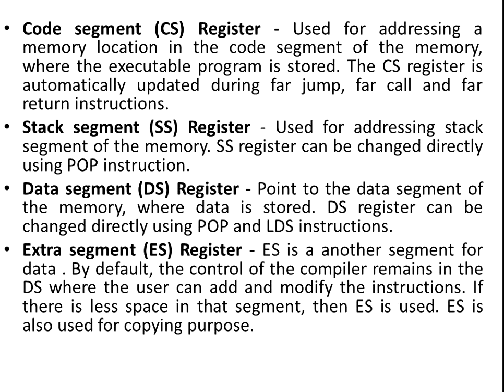If there is less space in that segment, then ES, the extra segment, is used. The extra segment is commonly used for copying purposes, and its base address is stored in this extra segment register. It refers to the segment which is essentially another data segment of the memory. It also contains data.